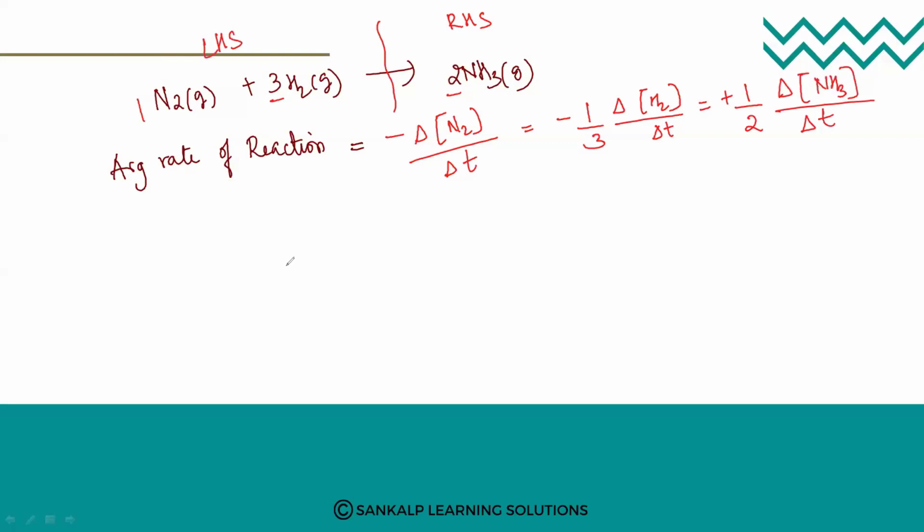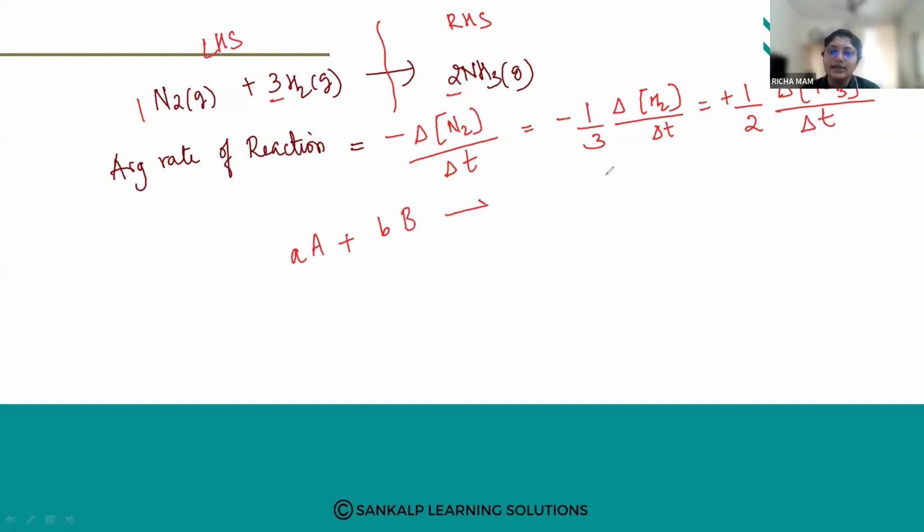Yes, ma'am. Generally, if we have aA + bB giving cC + dD, where these are the stoichiometric coefficients, how are we going to write the rate of reaction?